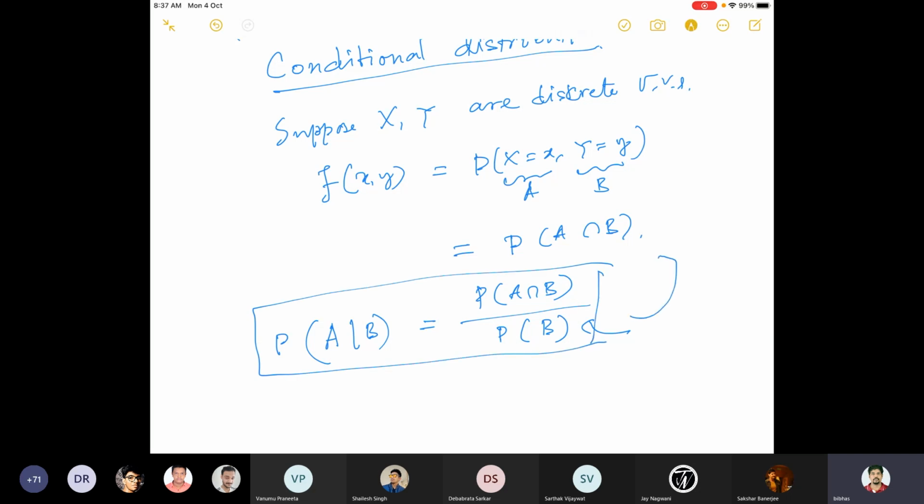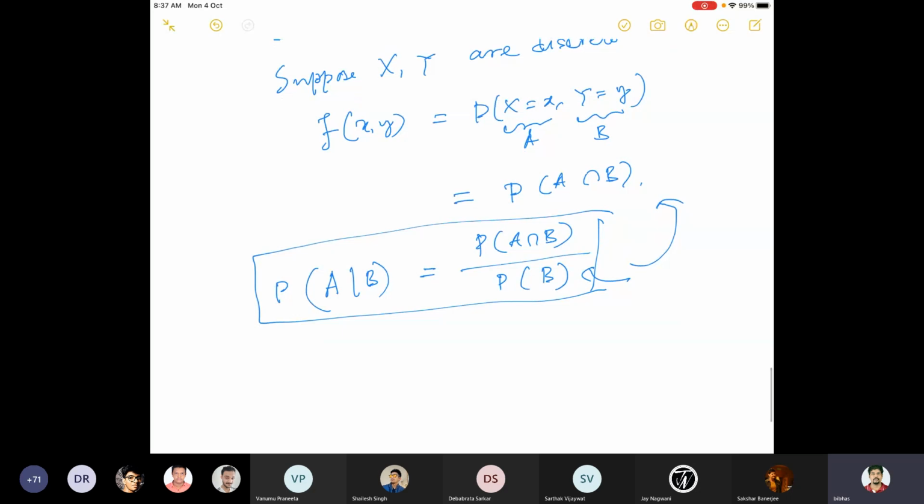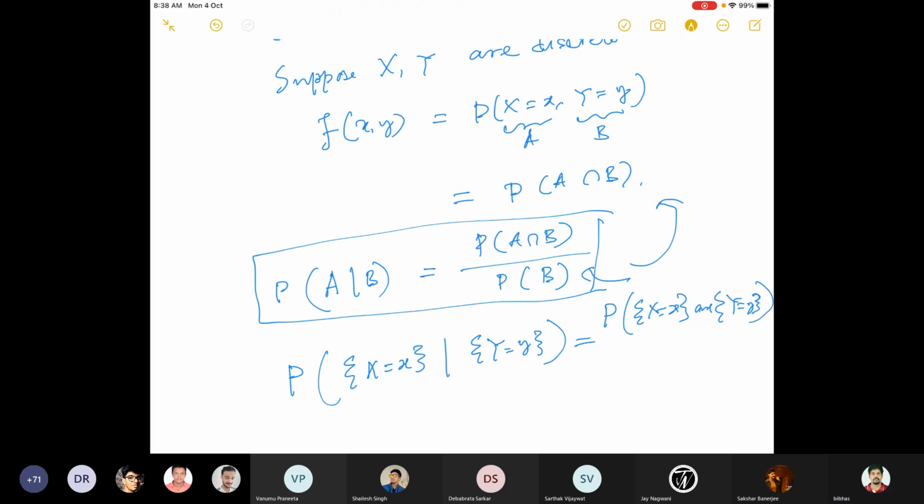Now, if we use this here, the probability of A, meaning the event X equal to x, given Y equal to small y, which is B, is equal to the probability of X equal to x and Y equal to small y, divided by the probability of capital Y equal to small y.